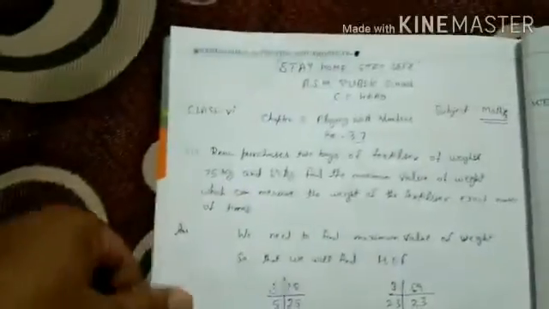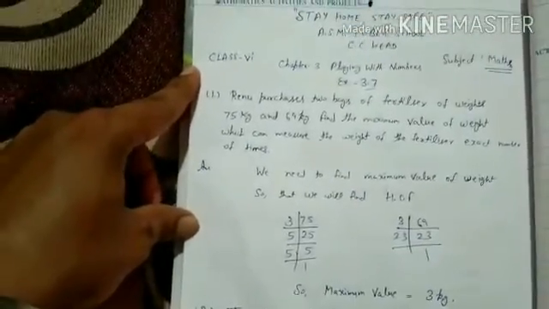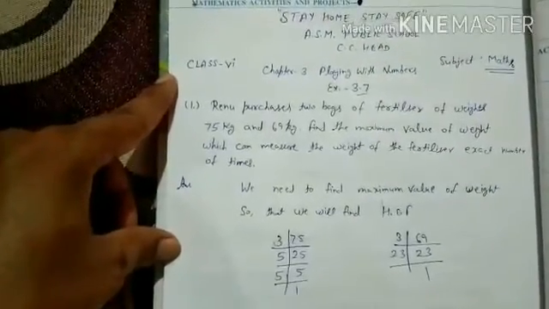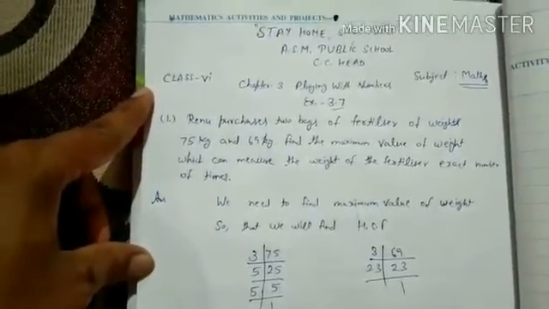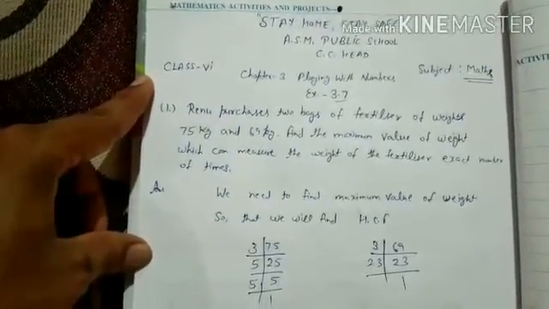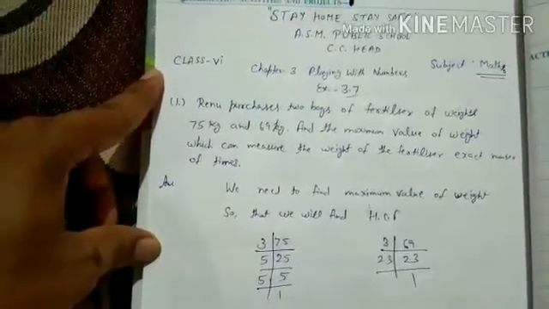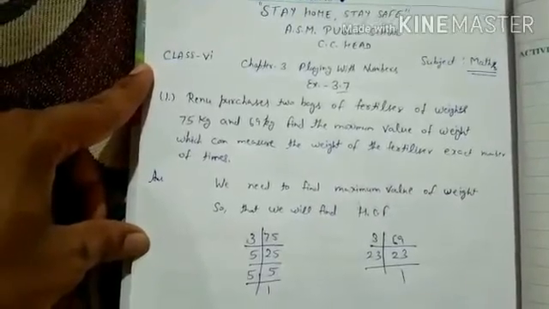Exercise 3.7, and the chapter name is Playing with Numbers. Your first problem of 3.7: Renu purchases 2 bags of fertilizer of weights 75 kg and 69 kg. Find the maximum value of weight which can measure the weight of the fertilizer an exact number of times.